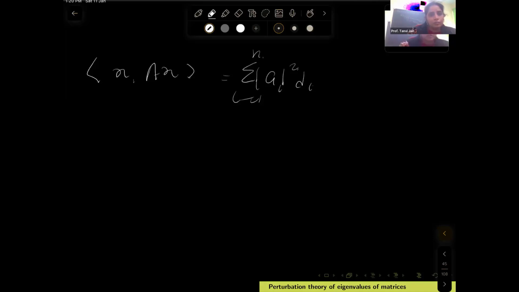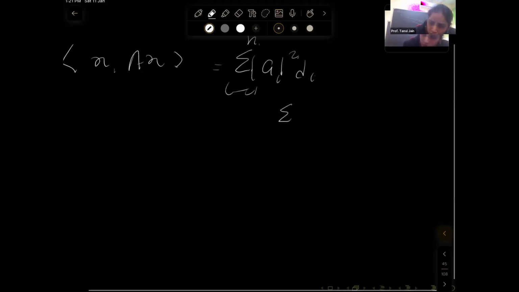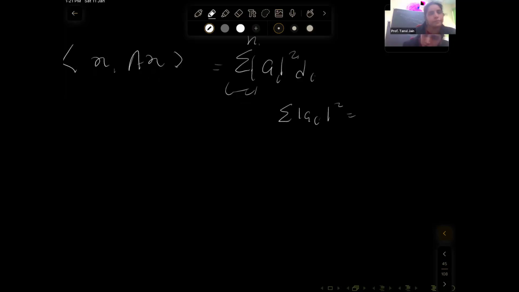Now see, the lambda_i's are not in any, these have absolute value 1. These are in the semicircle. Okay, sorry, not the semicircle, they are in K_A. So now what is this? x comma Ax is the summation of mod a_i squared times lambda_i, where the summation of mod a_i squared is equal to 1. What does it tell me?